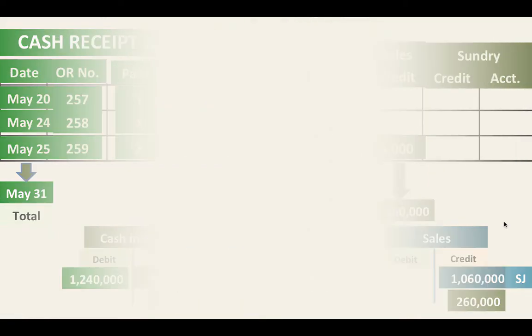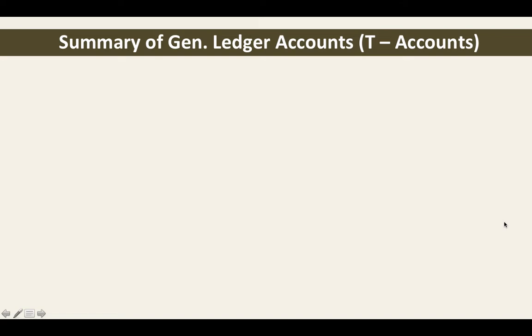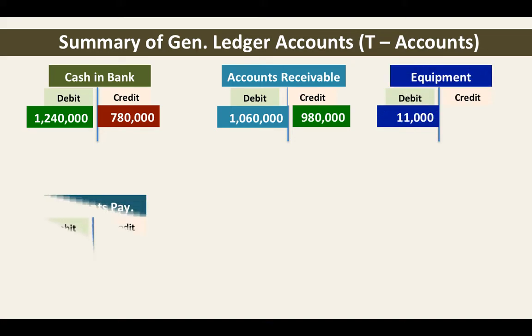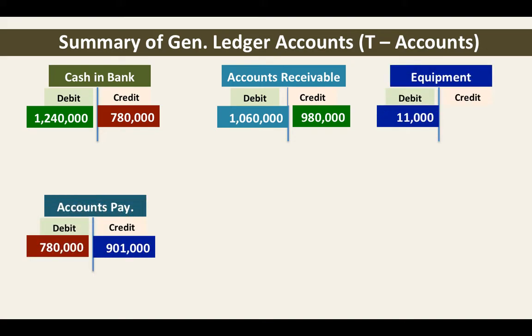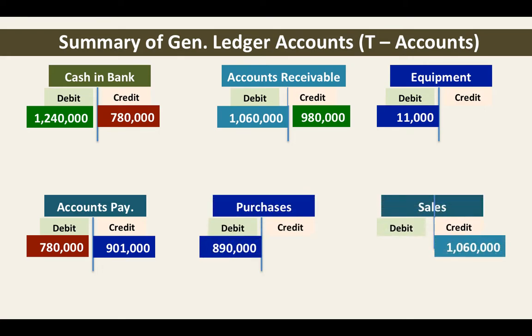So after doing all the posting of totals, this will be the summary of our general ledger accounts or our T accounts, a cash in bank, ito yung mga transaction natin, sa accounts receivable, this is what we have, sa equipment, accounts payable, and then purchases and sales.